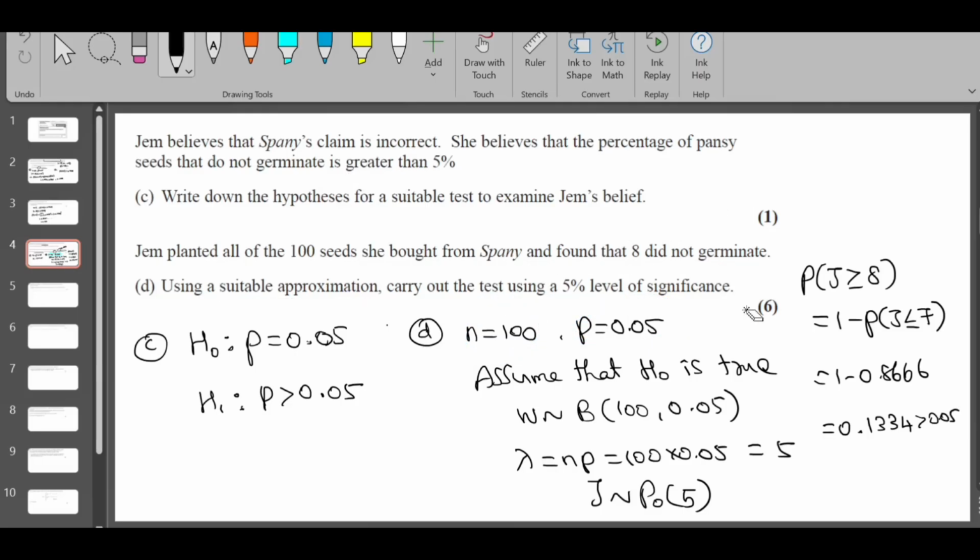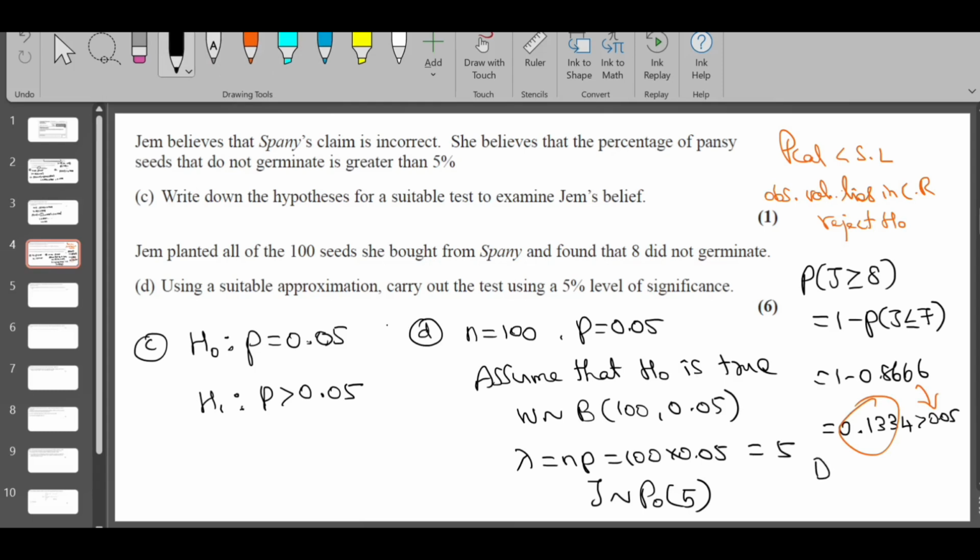So remember this, when the calculated value is smaller than the significance level, or the observed value lies in the critical region, you reject H0. Not always, remember this condition. Here the calculated value is bigger than the significance level.